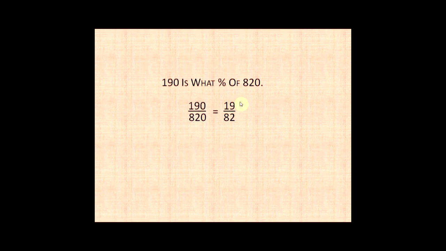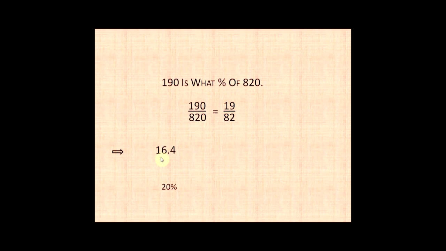Now, as the number 19 is greater than 16.4, 19 upon 82 will come out to be greater than 20%, isn't it? So instead of 10%, I'll start from 20%, which is 16.4. Now, if I add another 5%, 10% is 8.2, so another 5% will be 4.1.